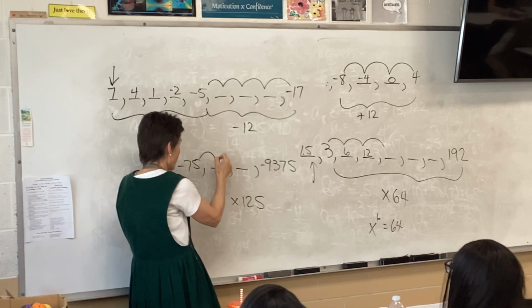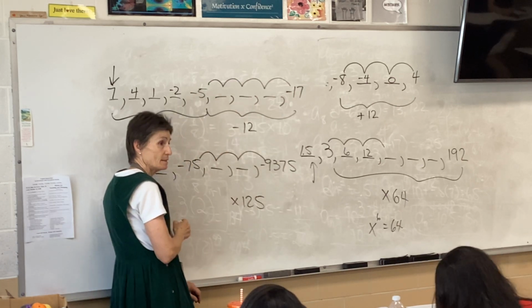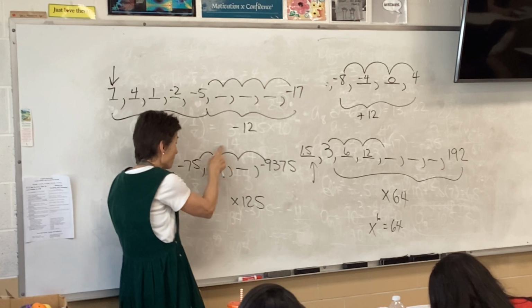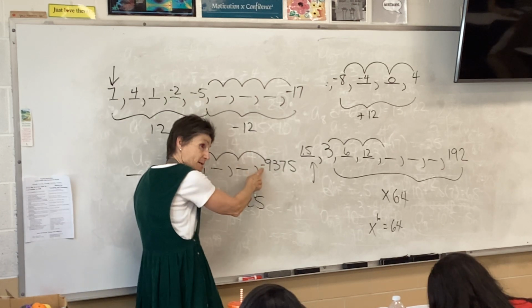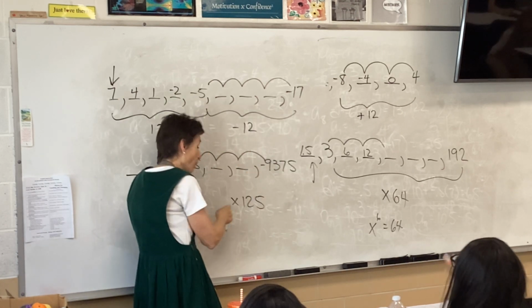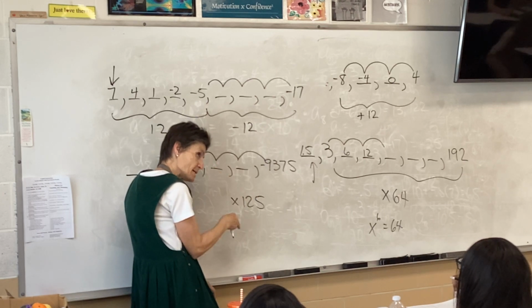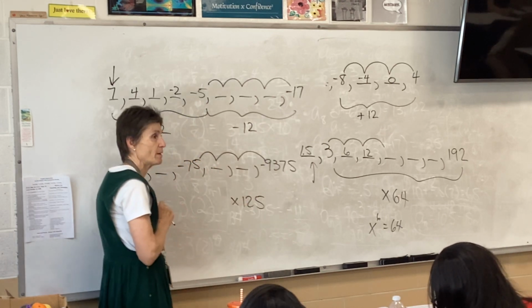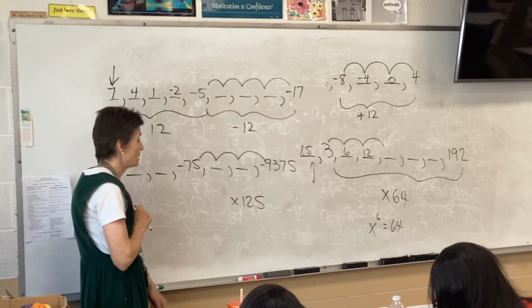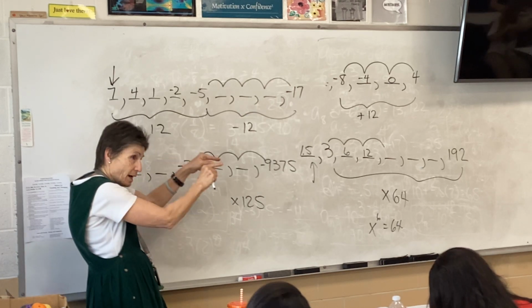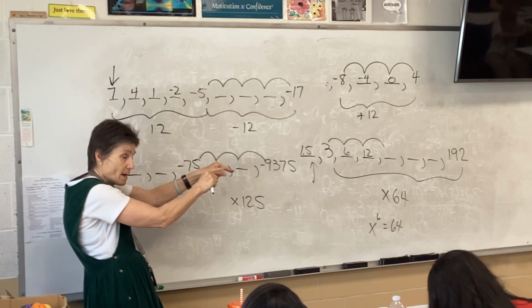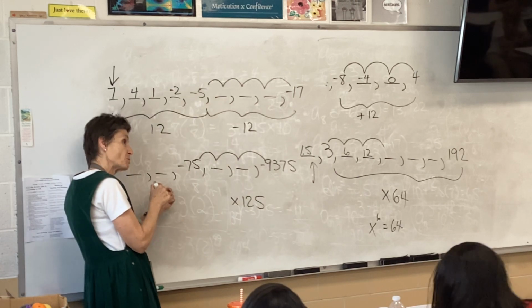This means 1, 2, 3 steps: multiply by something, multiply by something, multiply by something. So what would I multiply 3 times to get 125? 5. So if I am multiplying by 5 to go that way, I'm dividing this way.